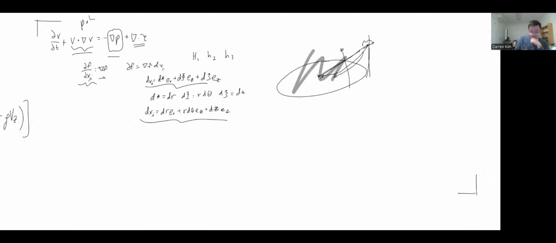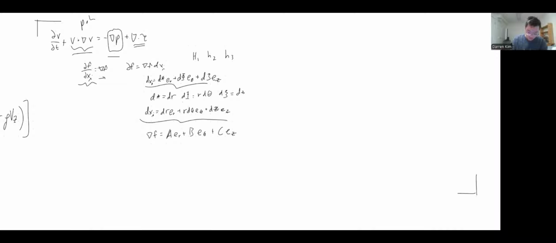Anyway, then we have to write the F is equal to, I believe, FR. No. I believe it was something like A dr ER plus B, what was it called again? R d data E data plus C dz Ez, which must equal delta F, right?